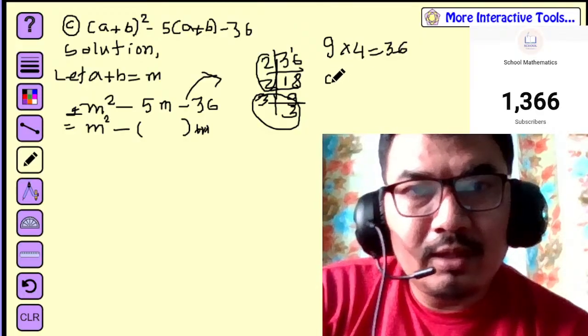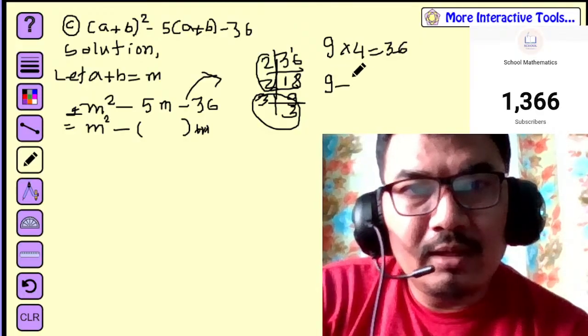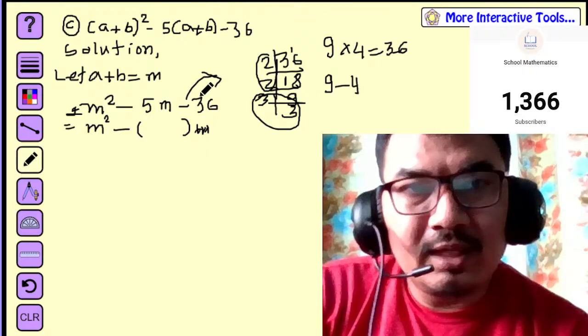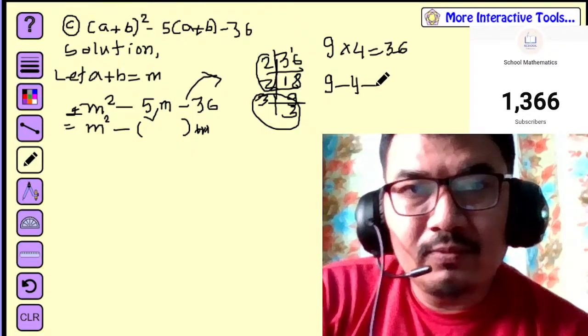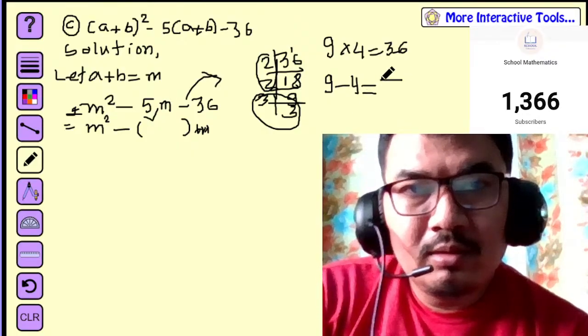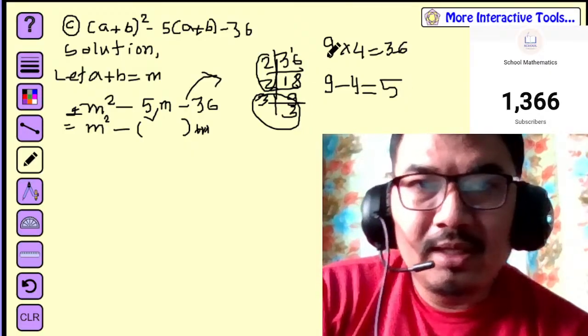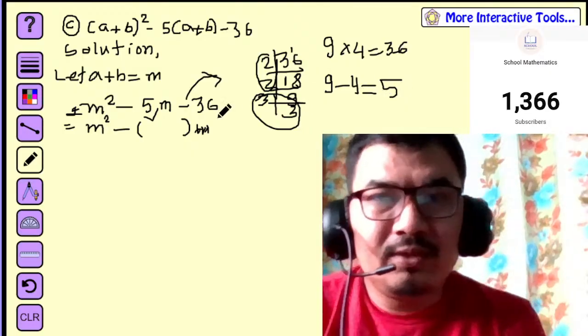Now we have to write 9 minus 4, because as I told you, the last term is minus, so we have to find this by subtraction. 9 minus 4 is 5. Okay, 9 4s are 36 and 9 minus 4 is 5.